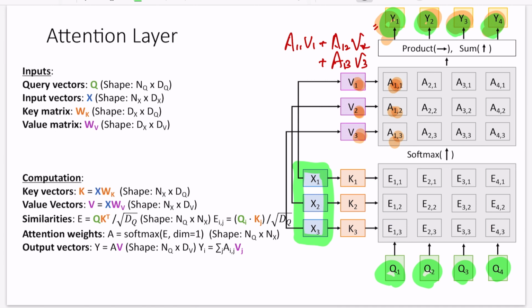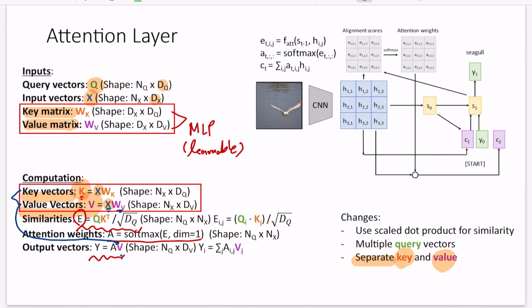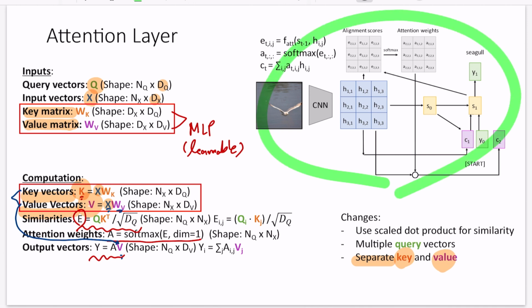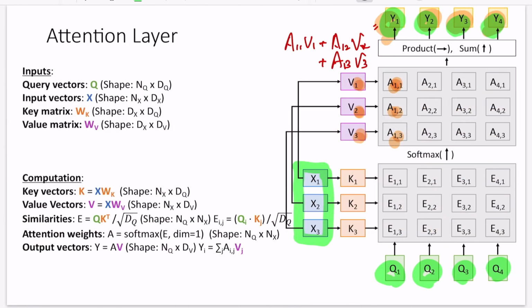So before moving on, please directly compare this generalized attention layer and the previous sequence-to-sequence model. There is a good analogy between them. Because this is a recorded video, if you have a question, please let me know via email.